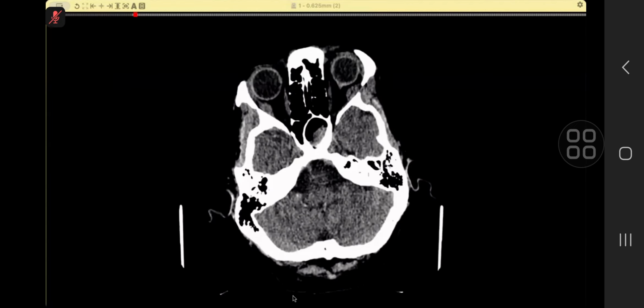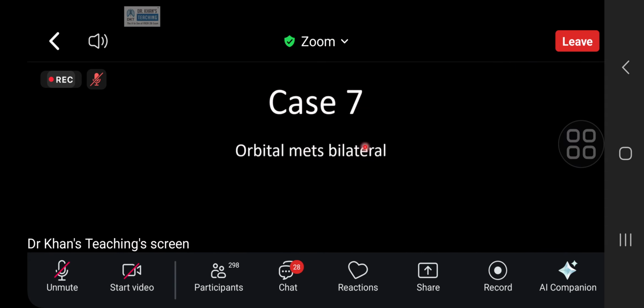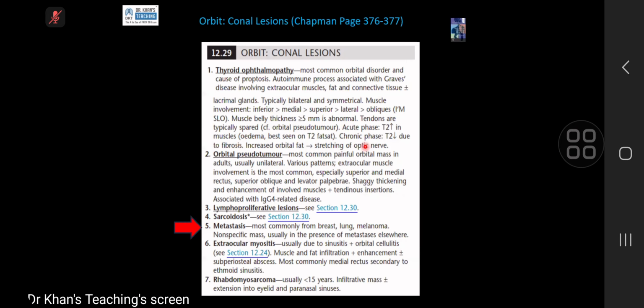So when the history has been provided, what else can it be? This is the differential diagnosis of the orbital conal lesions, as in the muscles.